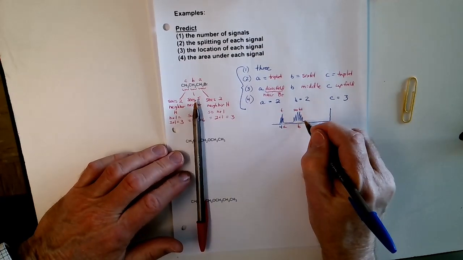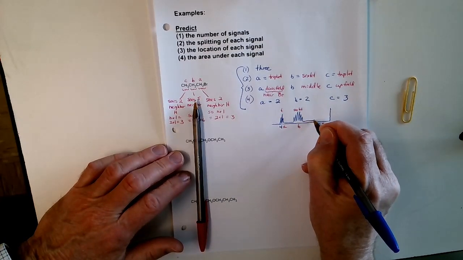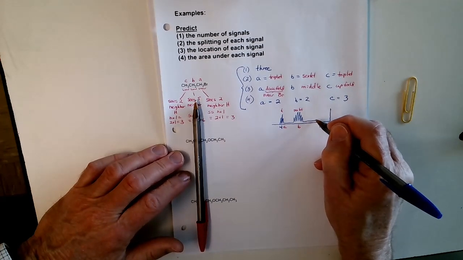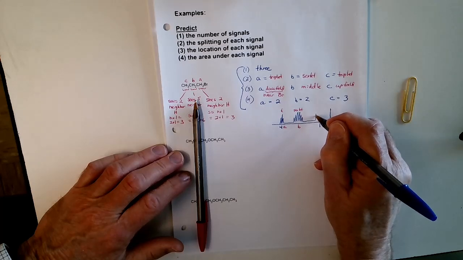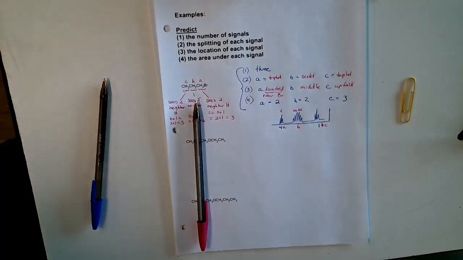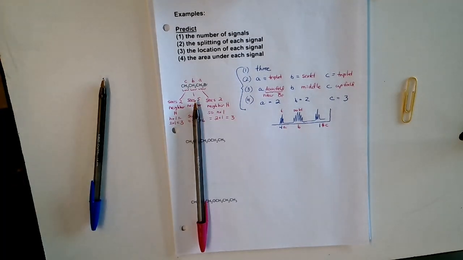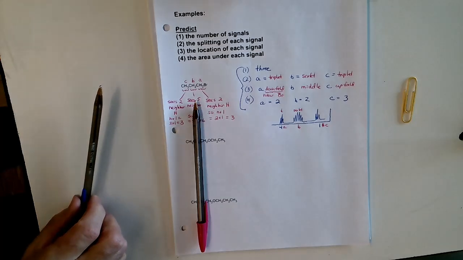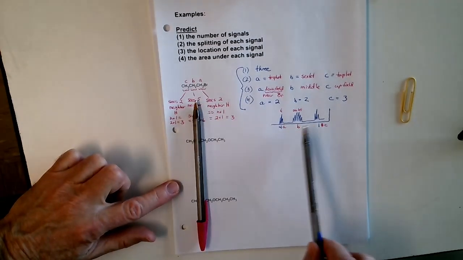And the next one, the last one, which would be the farthest upfield, that's C, and it should just be 3 again. So something like that. Now, how do you use that? Well, you run the spectrum of the actual molecule, and if it really is this, you do see something like this.